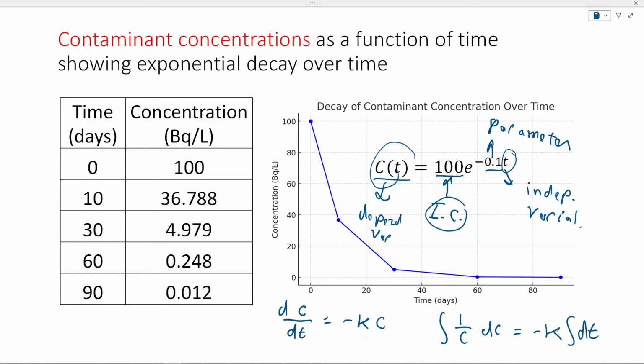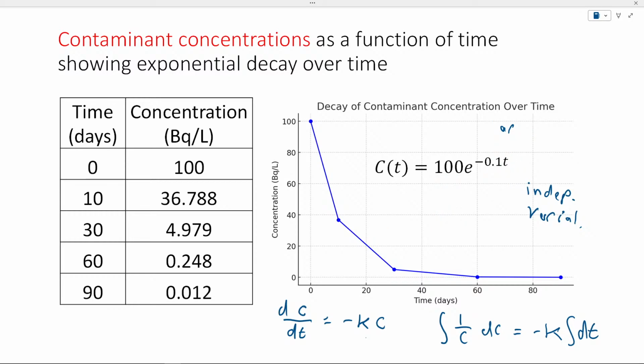Again, this class is a general class. What you need to learn from this class is how you come up with the conservation of mass. From this conservation of mass, how can you develop a mathematical model like this? And then how to solve this mathematical model either analytically or numerically.